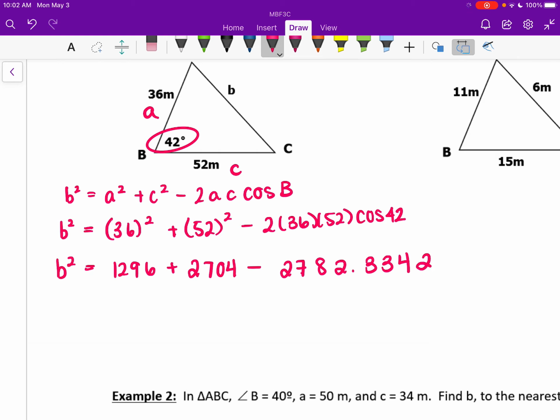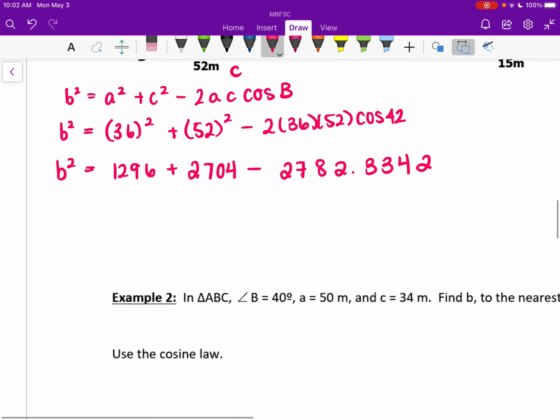Now I'm just going to do 1296 plus 2704 minus my answer over here, 2782, right? And that will give me B squared is equal to 1217.66, and I like to leave it again at 4 decimal places, just because when I'm solving it's easier that way.